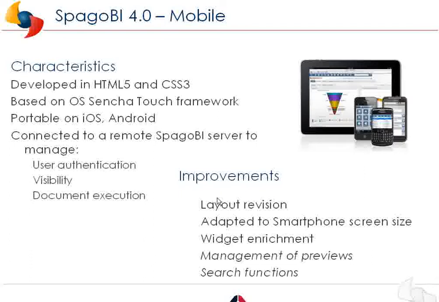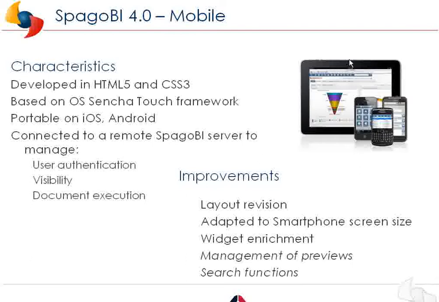The SpagoBI mobile application is installed on a server, so your mobile device must be able to connect to the SpagoBI server in order to take the benefit from the server of all what is security management, visibility on data, document execution, and so on.